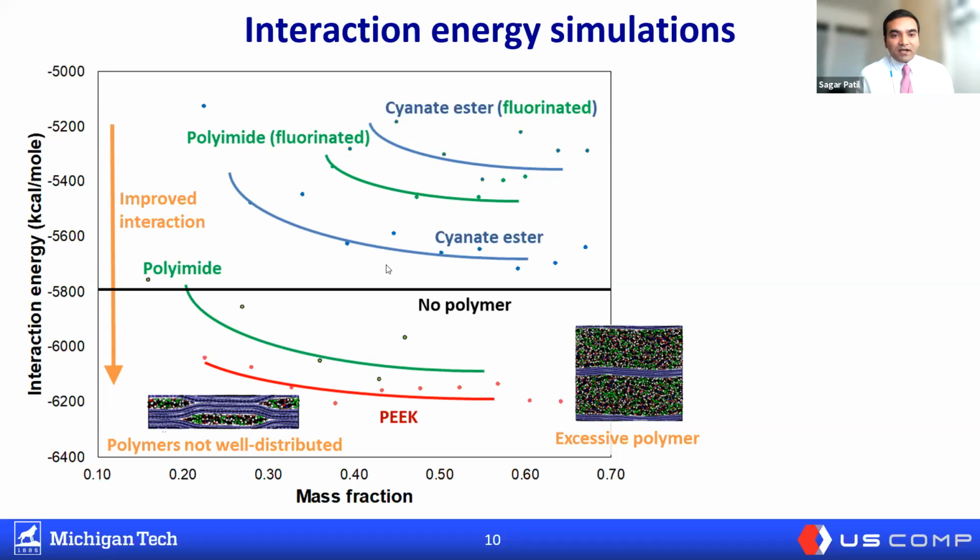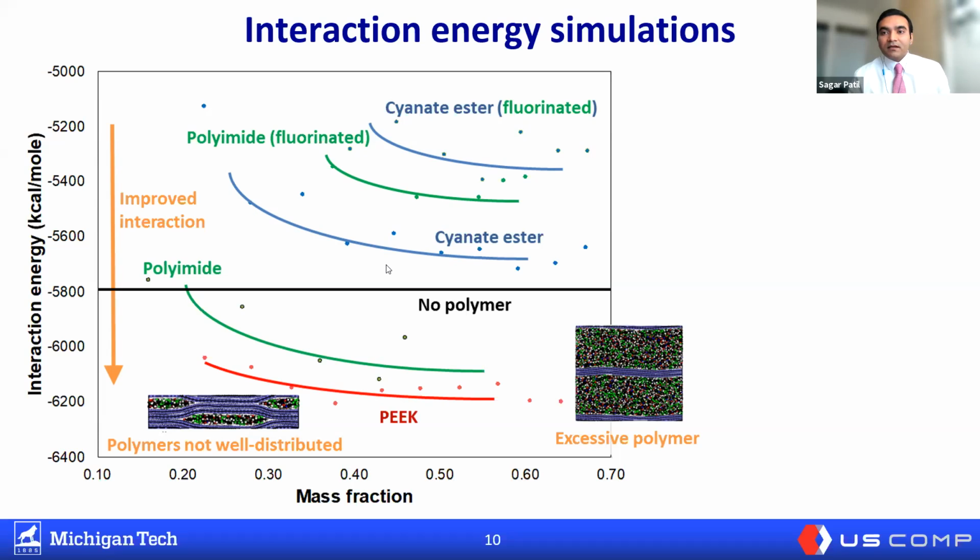Then for lower mass fraction, the interaction energy is lower simply because there's just not enough polymer to separate the flattened CNTs completely so that we can take advantage of that surface area. Then as you increase the mass fraction, the interaction energy increases. And then once you reach a sweet spot, around 40 to 45%, as can be seen from the chart, the interaction energy remains constant, which is again similar for all of the 5 systems.